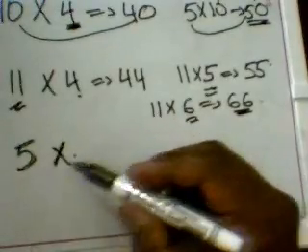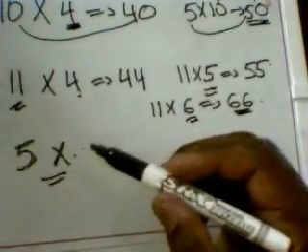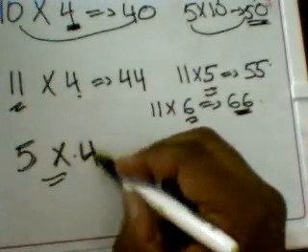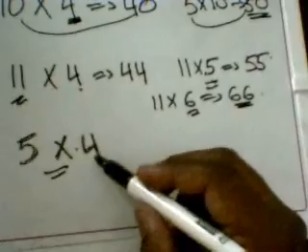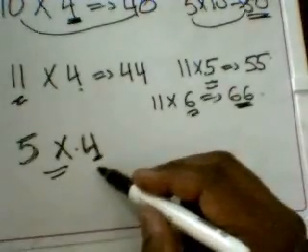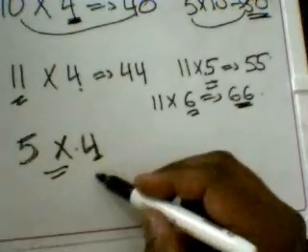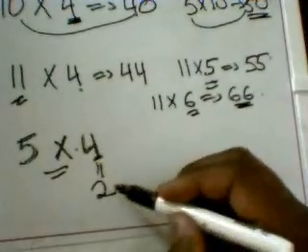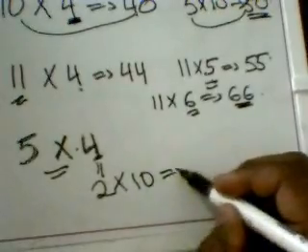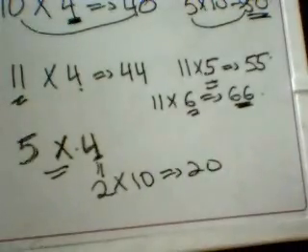Okay. Now the last one. If you multiply a number by 5, this is a little bit harder. What you do is you take the half of this number, the half of 4, it will be 2. Then you multiply that number by 10, it will give you 20.